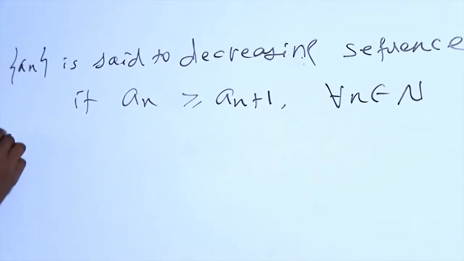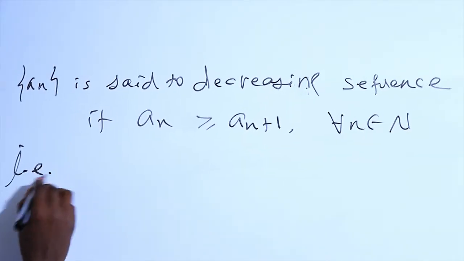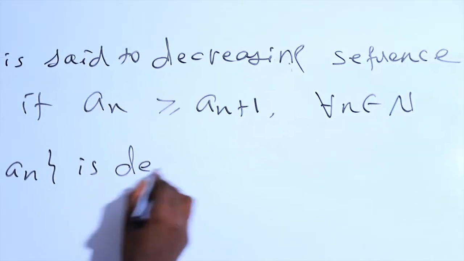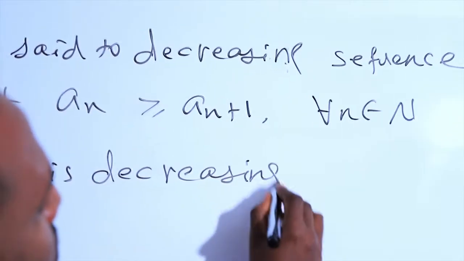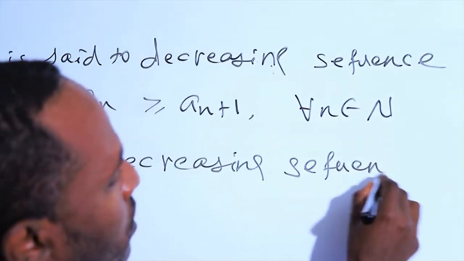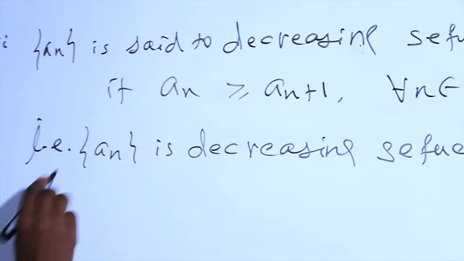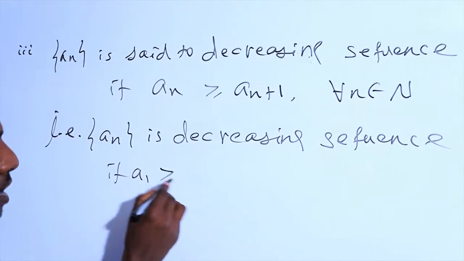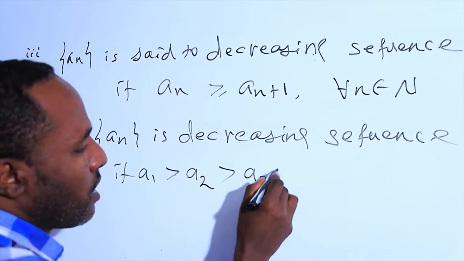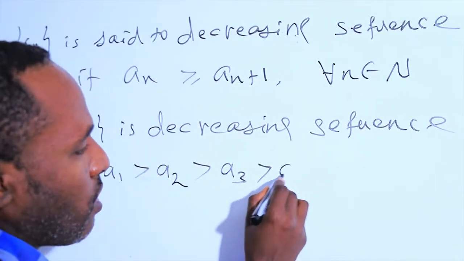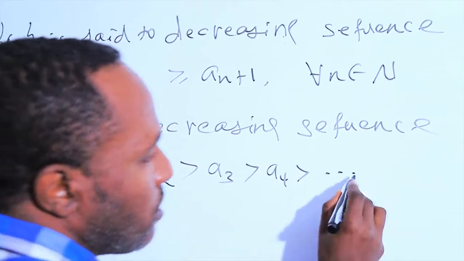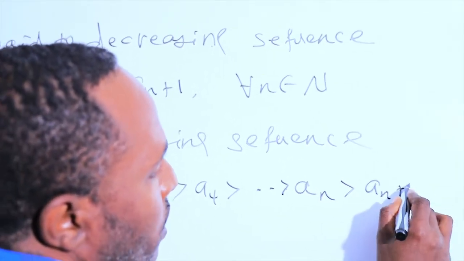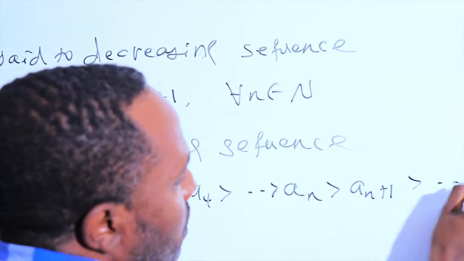That means the sequence AN is decreasing if A1 is greater than A2, and A2 is greater than A3, and A3 is also greater than A4, and A4 is greater than the next, where AN is greater than AN plus 1, and this is also greater in such a way.